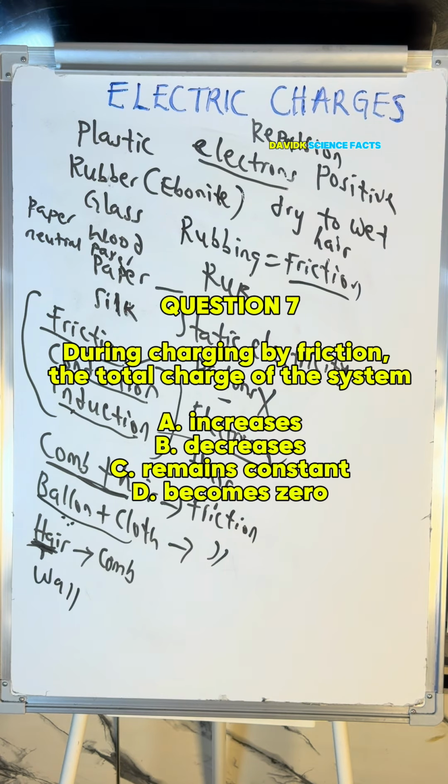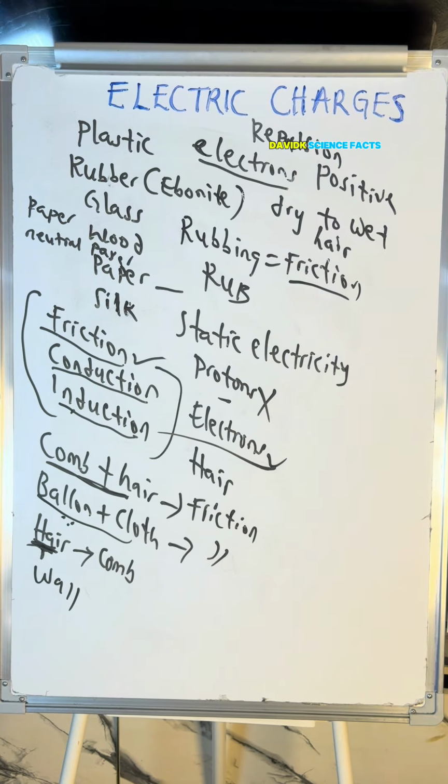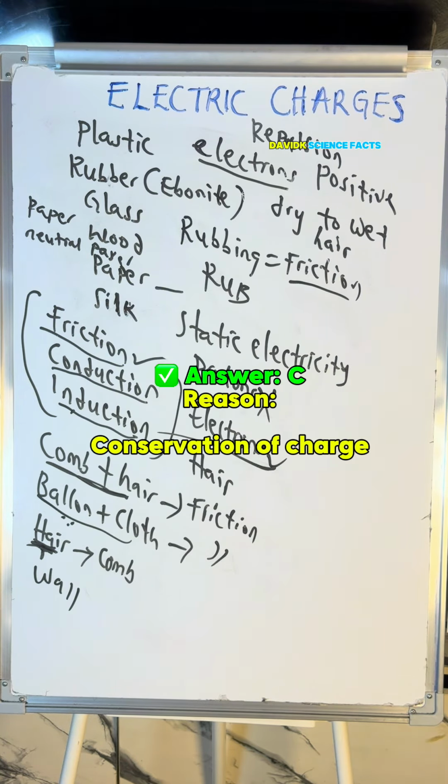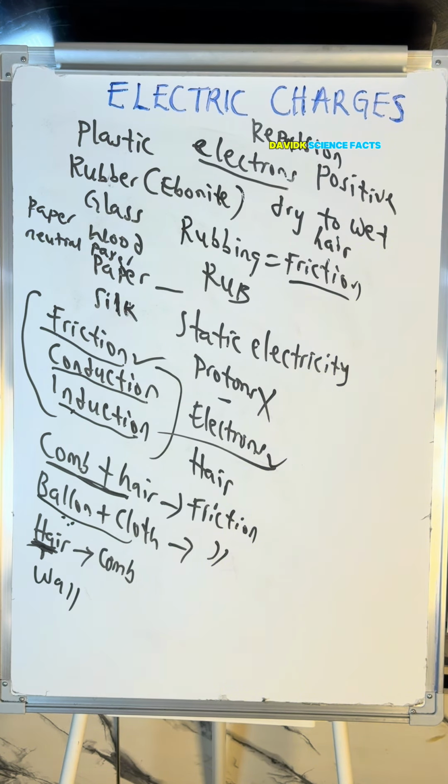During friction, does charge increase, decrease, or stay the same? Think physics law. Answer is C. Remains constant according to the law of conservation of charge.